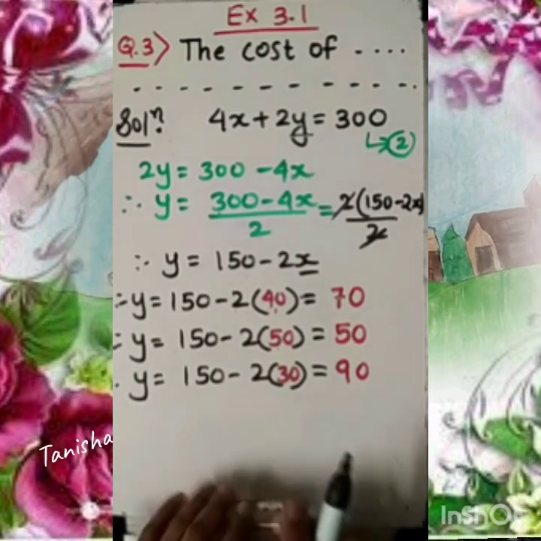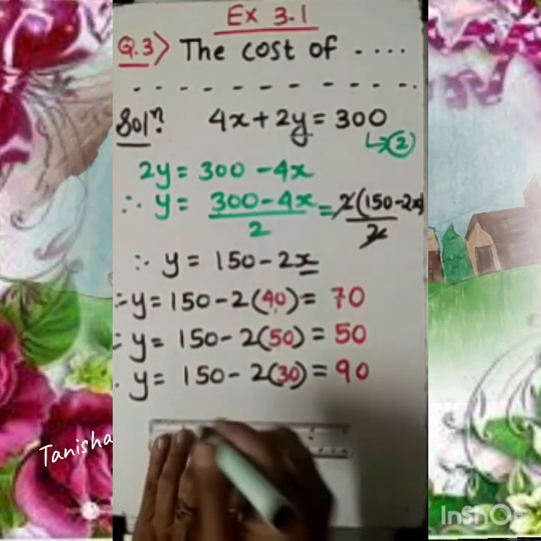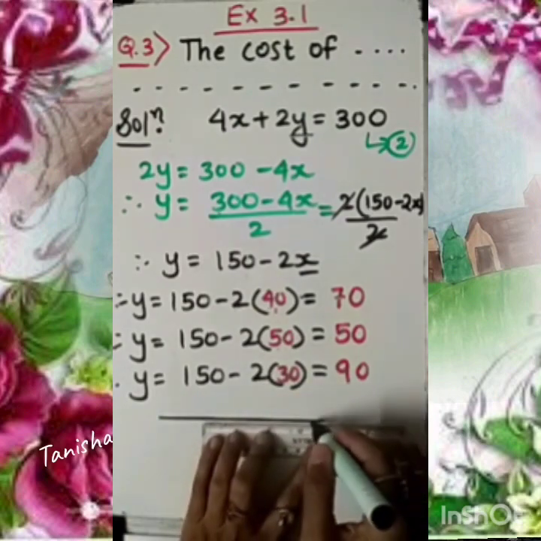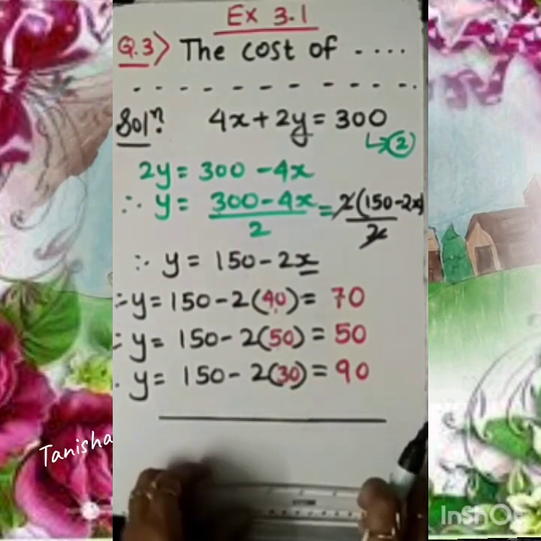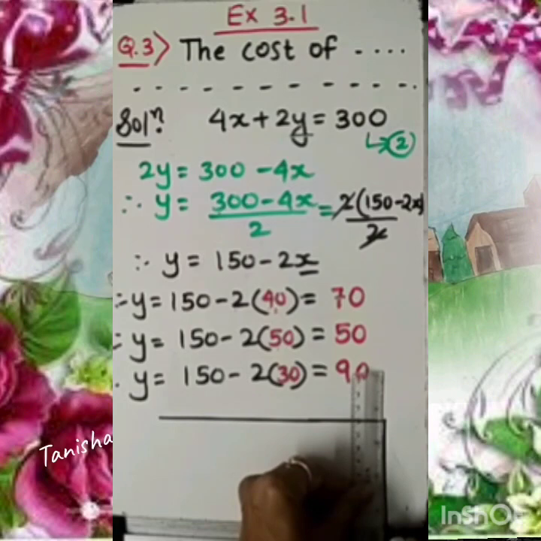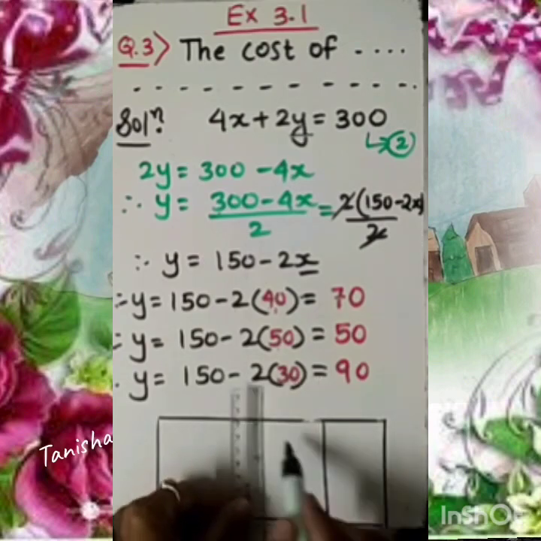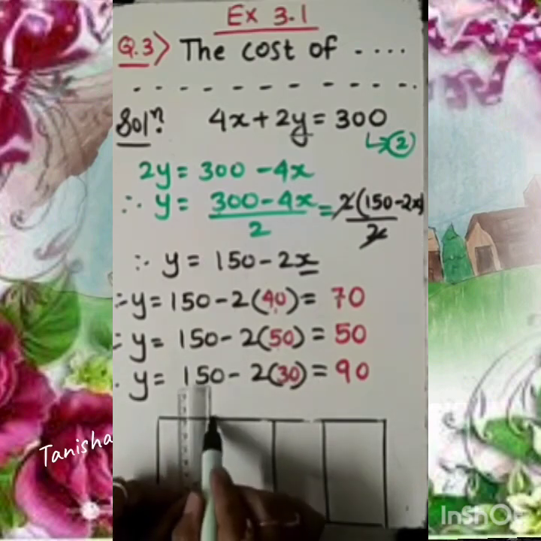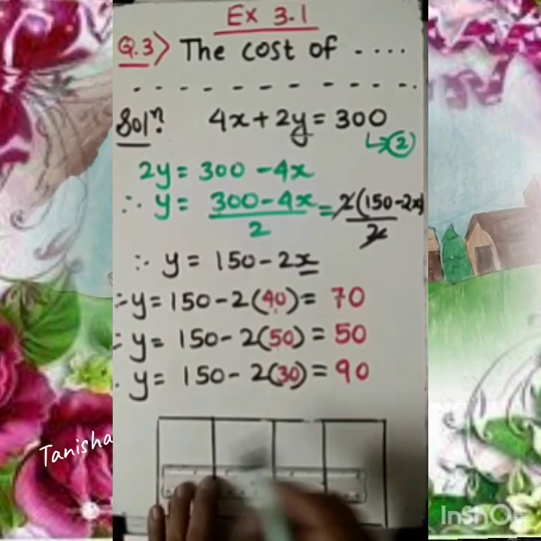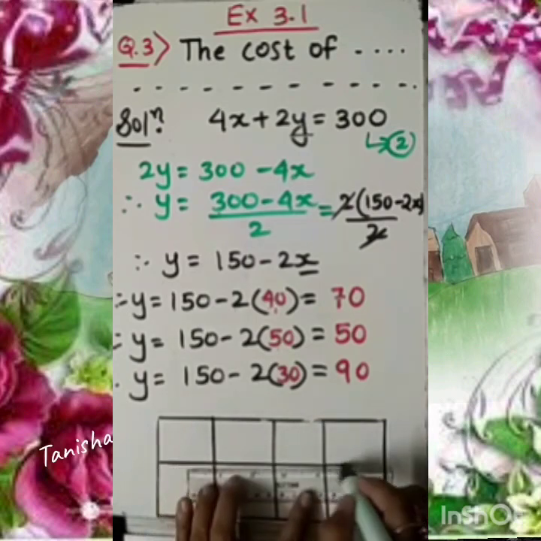Now as usual we know we need to draw and we have to mention all these in the table. Let's make a small table for our better understanding, which will make your work easy. Here also 1, 2 and 3 numbers I am choosing, and this is for x and this is for y.